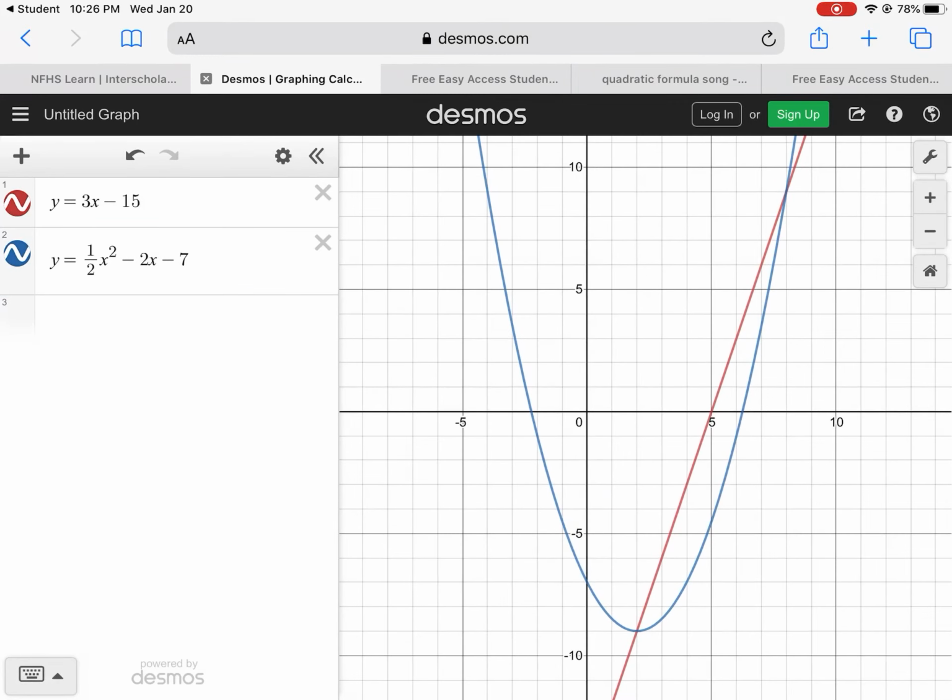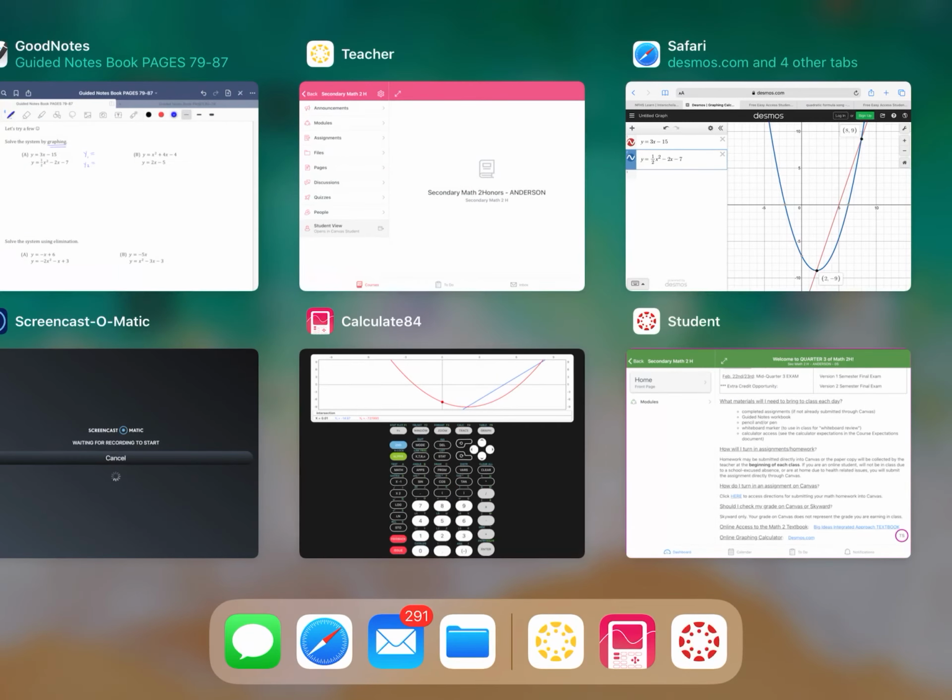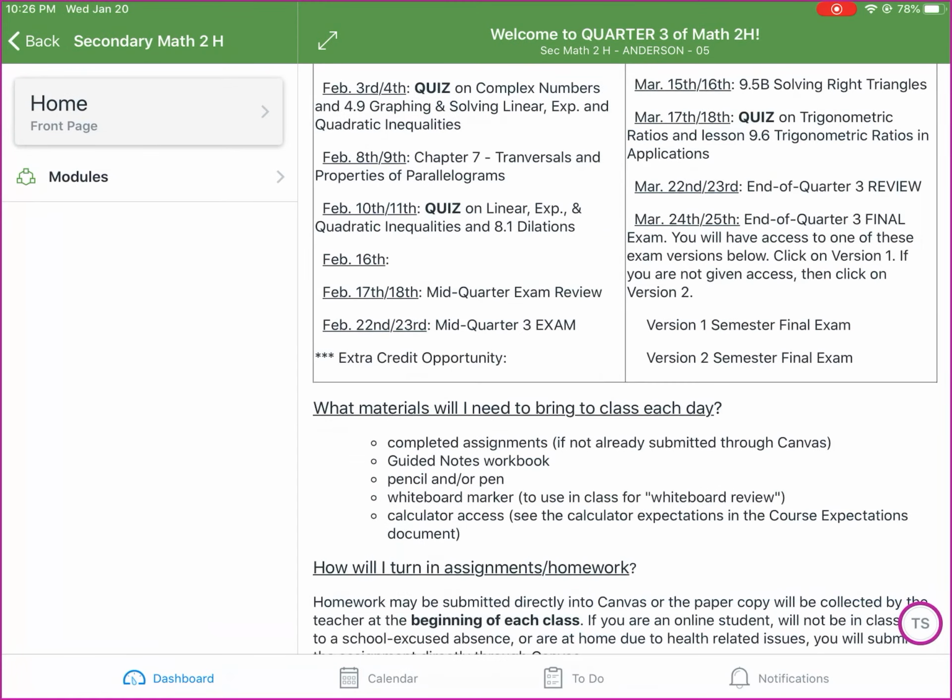With Desmos, it's pretty easy to see intersections. You just highlight and click on it. It'll say (2, -9), so there's one solution, and then there's one up there as well, (8, 9). So Desmos is really quick in allowing you to solve by graphing. So just be aware on your assignment.